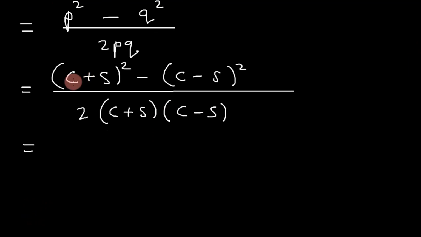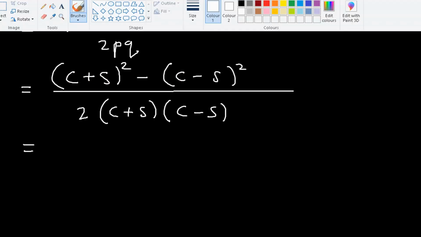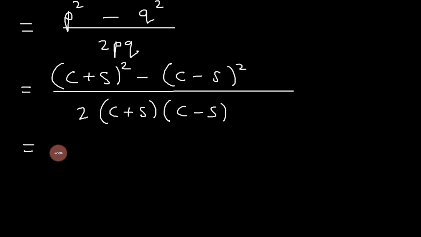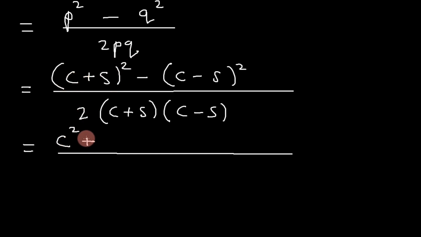Now we're going to square out in the numerator. So C plus S all squared. So it's a first term squared plus, so this sign, plus twice the first term times the second term. So 2 times C times S, then plus the second term squared.